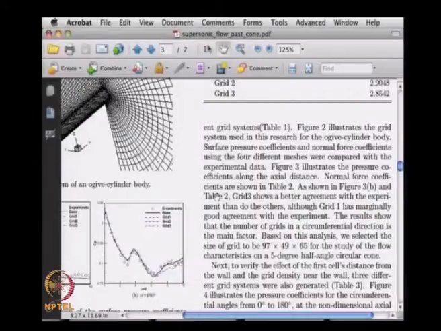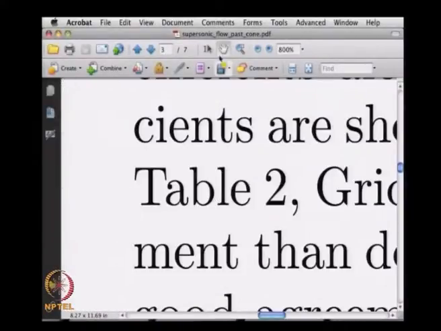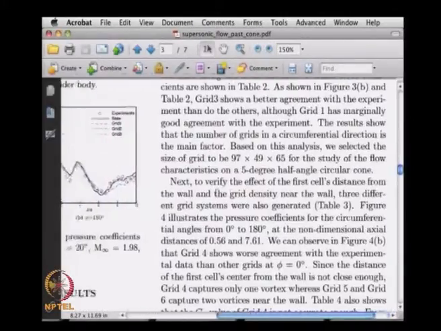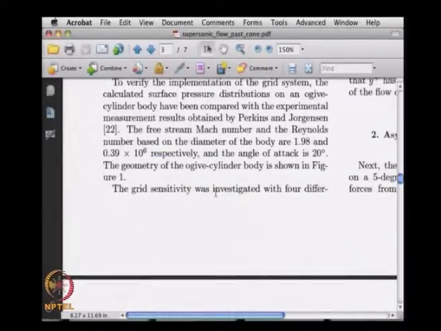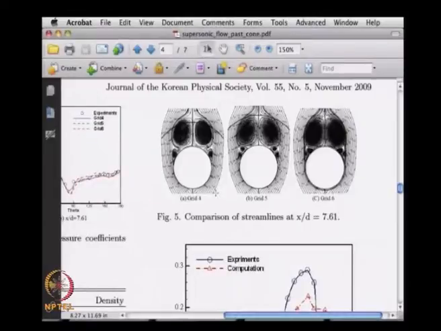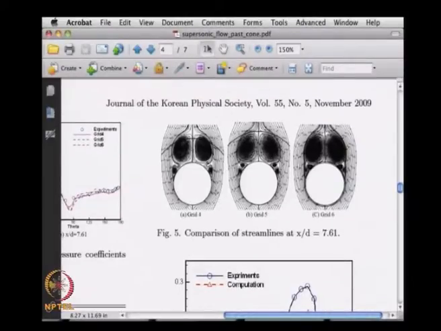Having done that, let us go and look at some of the results. Okay, this is interesting.